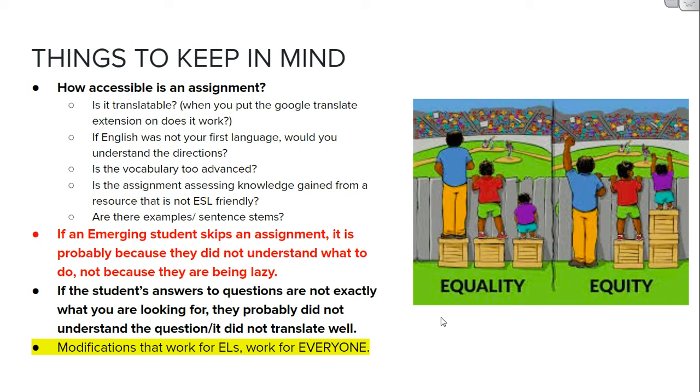Also, if the student's answers to questions are not exactly what you were looking for with your directive, it's probably because they did not understand the question, or if they put it into a translator, it didn't translate very well through Google Translate. That's why they produced a very different response. Again, modifications that work for ELs work for everybody. When you add modeling, examples, and images, it supports everybody, not just emergent ELs.